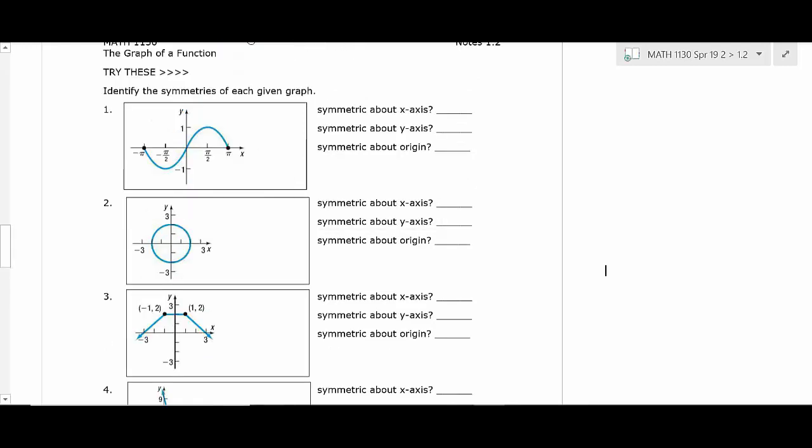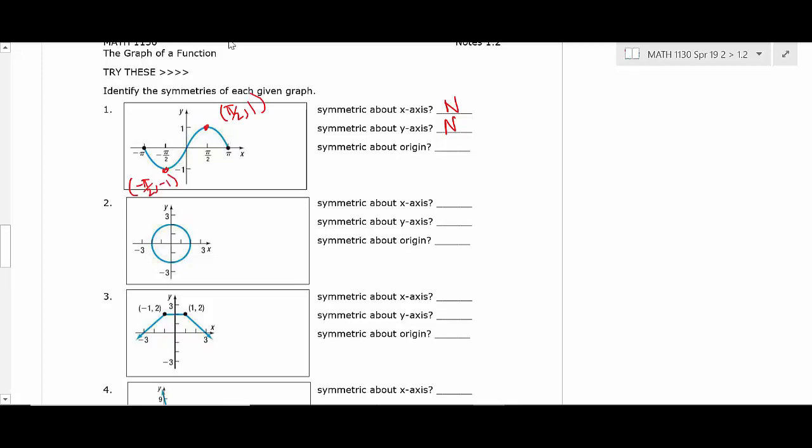Okay, so let's see what we concluded on this one. Symmetric about x, what'd you get? Should get no. Symmetric about the y-axis, that's also a no. Now how about origin? Is this symmetric about origin? What you want to know is, if you picked a point on the graph, this would be the point pi over 2, 1, and then notice that you have negative pi over 2, -1.